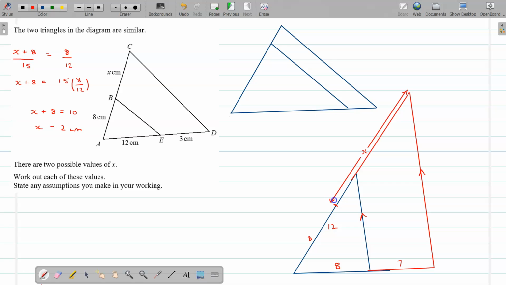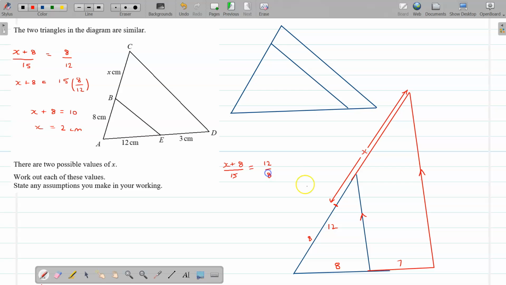So what we're going to do now is the same kind of comparison as before, but this time we're going to say that 8 plus x, which is the length of the long side, or x plus 8, divided by the length of the side opposite here, which is still 15, is equal to, and the new ratio we're dealing with is, instead of 8 over 12, is now 12 over 8.